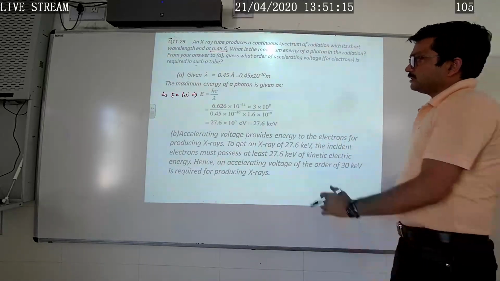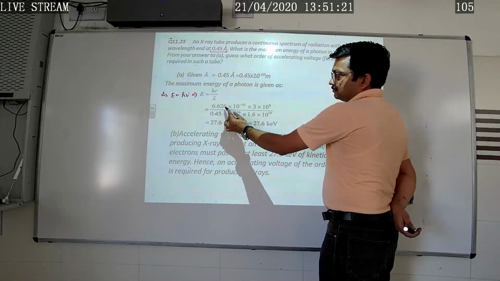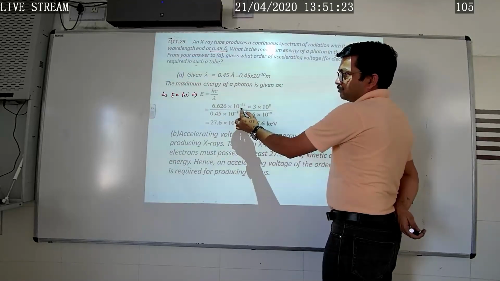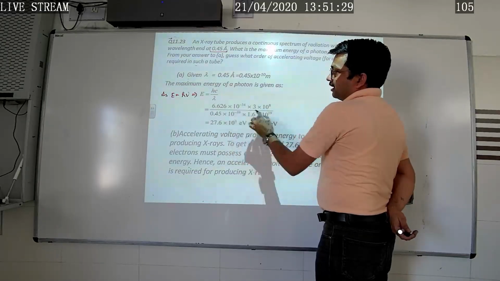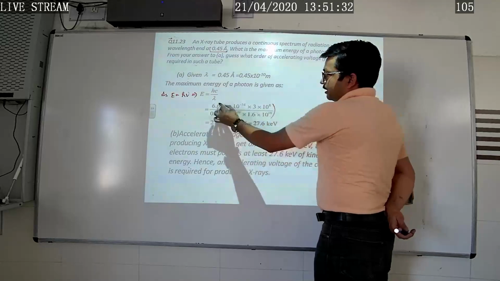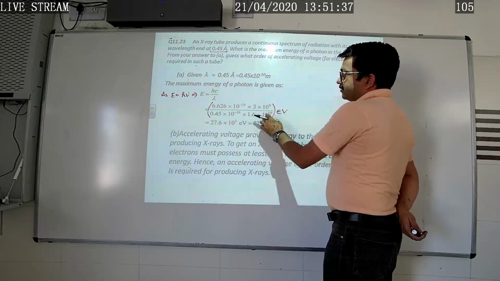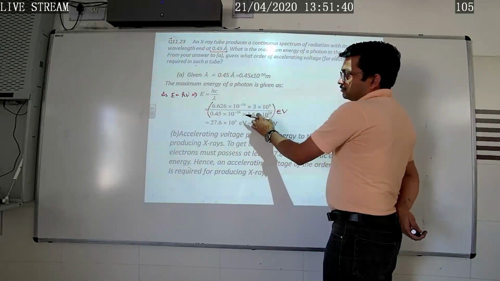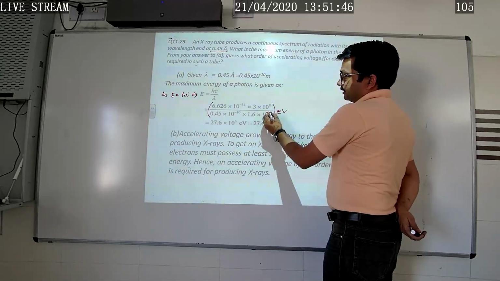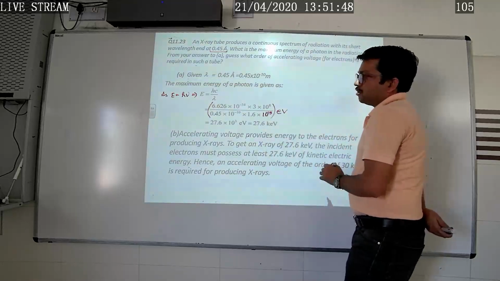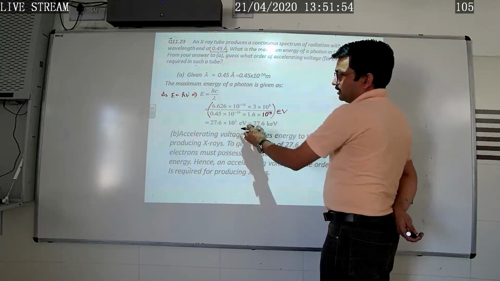Now putting the respective constants, Planck's constant 6.6 into 10 to the minus 34, c is the speed of light, lambda is the wavelength, and in order to write it in electron volt, we divide it by the charge on the electron, that is 1.6 into 10 to the power minus 19. Okay. So what we got after calculation is 27.6 into 10 to the power 3 electron volt.